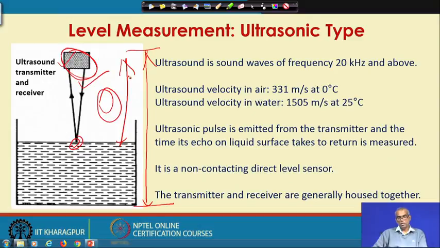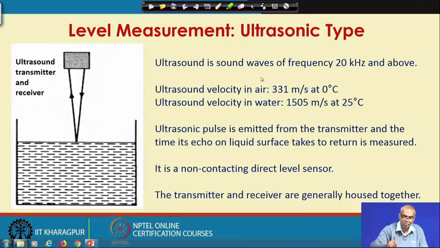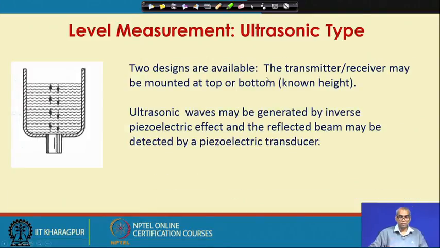Note that this is a non-contacting direct level sensor. The transmitter and receiver are generally housed together. Two designs are available. The transmitter receiver may be mounted at top or at bottom, but at a known height.